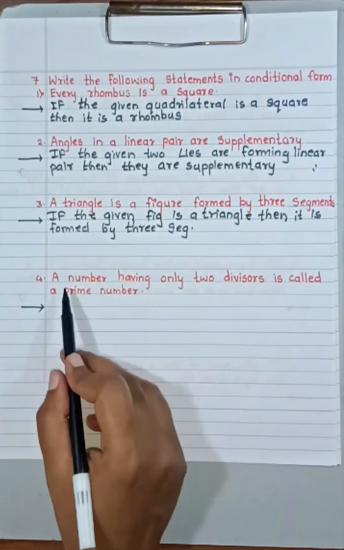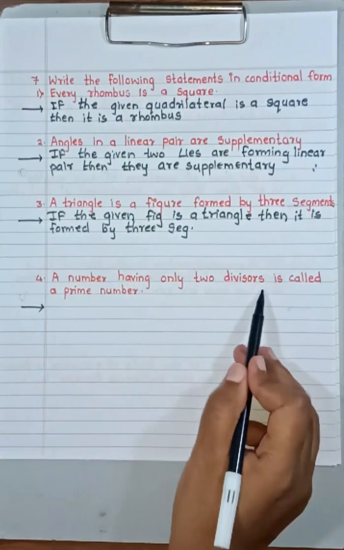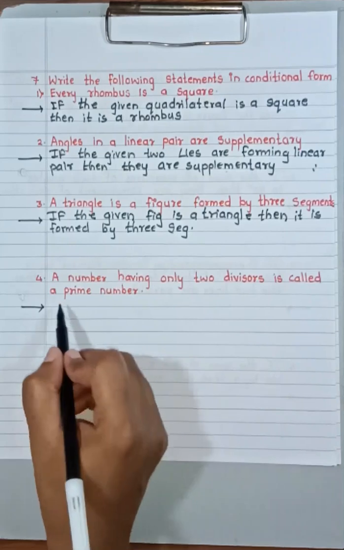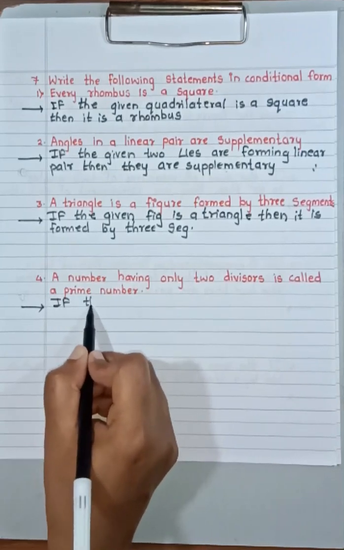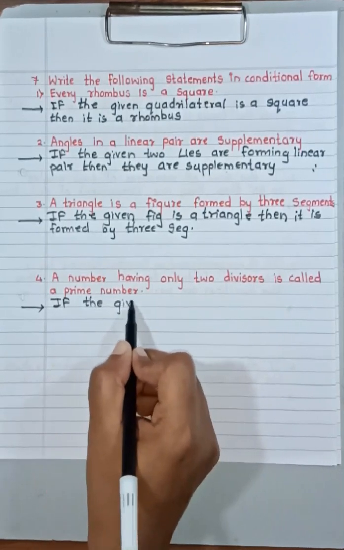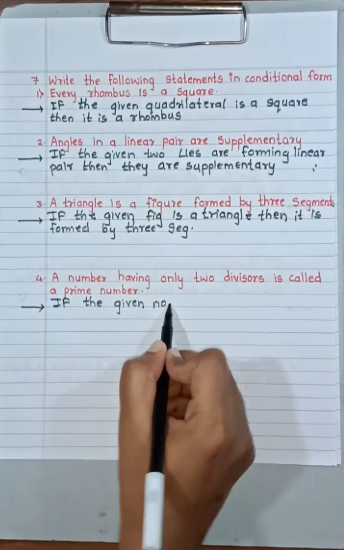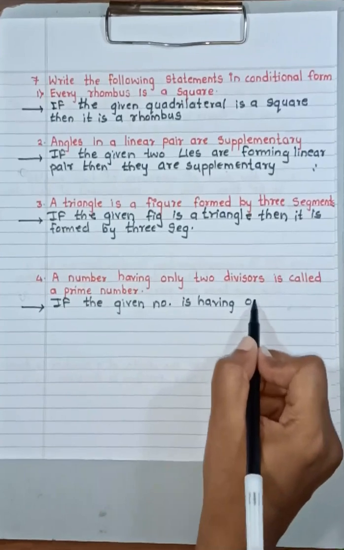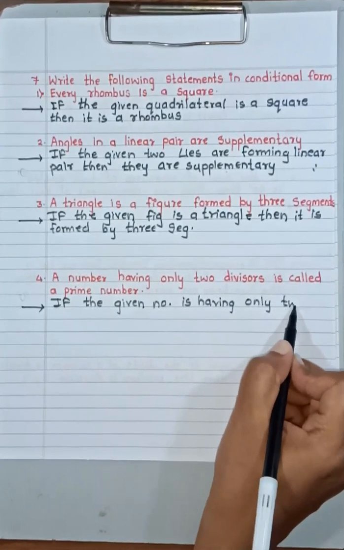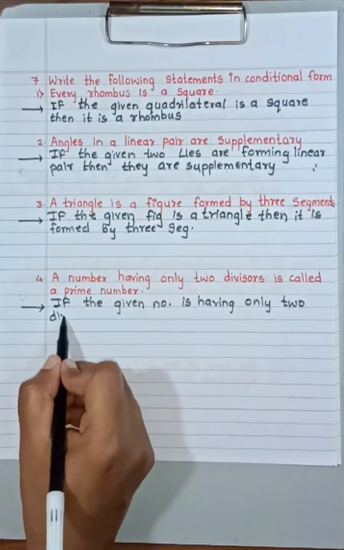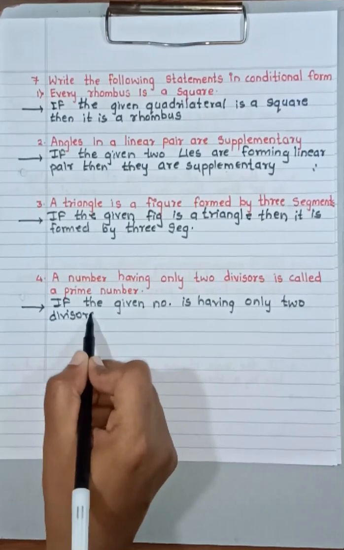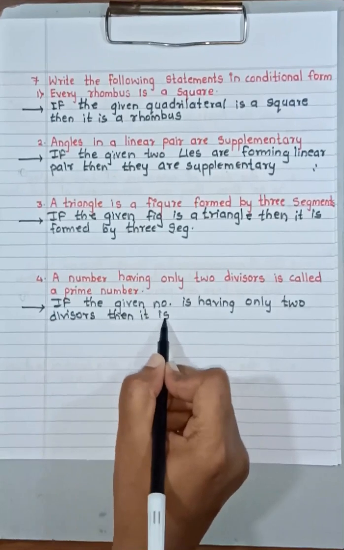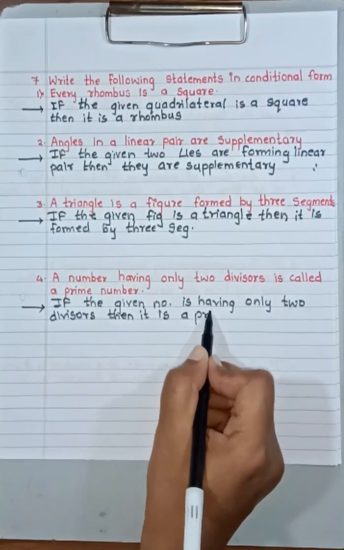And last one, a number having only two divisors is called a prime number. Okay, if the given number is having only two divisors, then it is a prime number.